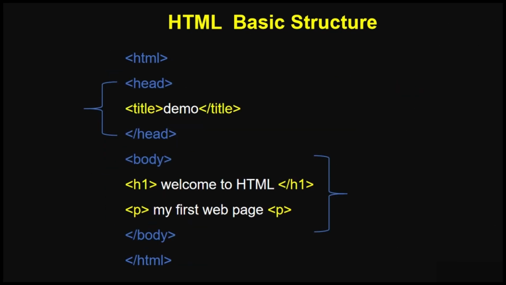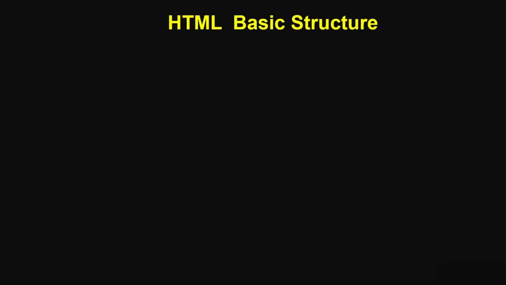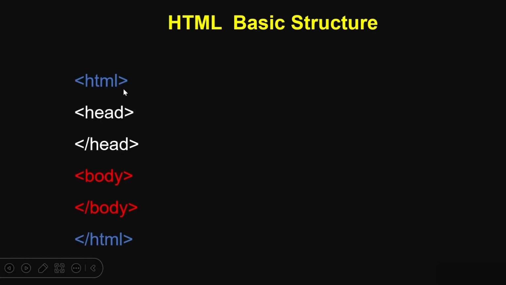The head paired tag contains other tags that provide information about the web page. Usually it has the title paired tag, while the body paired tag has the actual web page contents. In the example, the body has only heading and paragraph elements. We discussed the HTML basic structure: the code starts and ends with html tags, followed by the head tag, and after that the actual body tag.